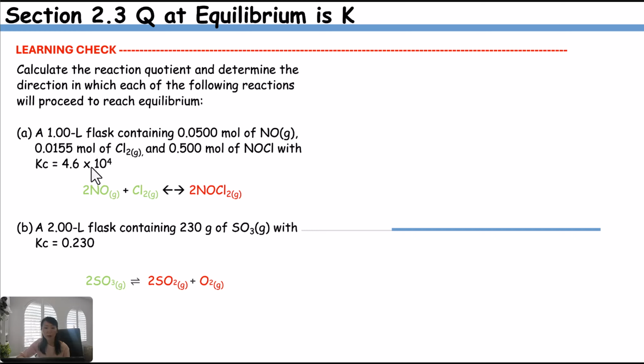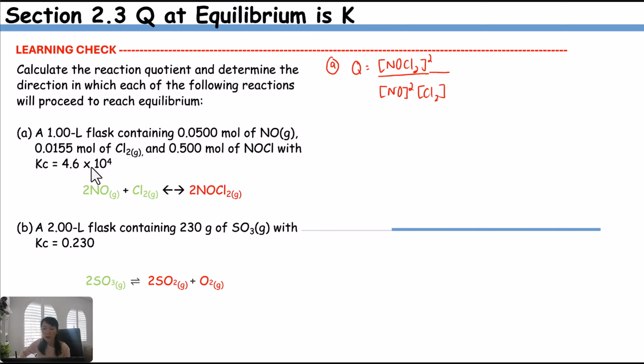So we want to know what is the reaction quotient at this time, and also is it going to go into a forward or reverse direction. So for part A, we'll do that over here. We know the reaction quotient is going to equal the product NOCl to the second power over the reactants, NO to the second power times Cl2.